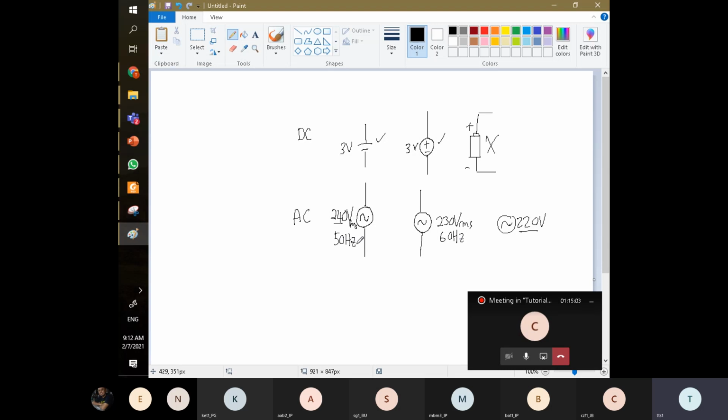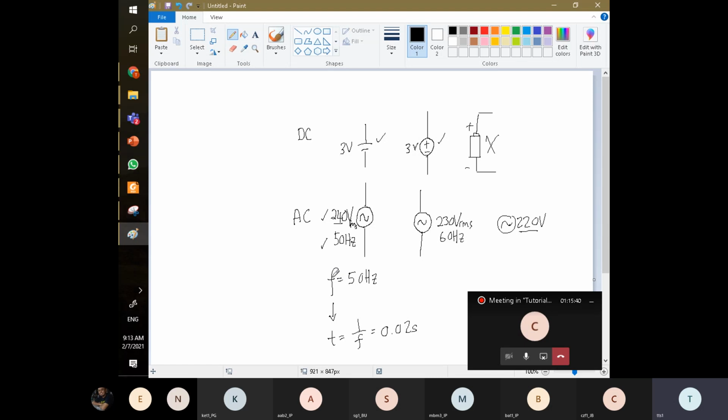Okay, back to the fundamentals. For the AC, you need to indicate the voltage and the frequency. Frequency equals 50 hertz. Going back to physics class, we can convert the frequency to time. Time is equal to 1 over frequency, the reciprocal of the frequency. 1 over 50 is 0.02 second.